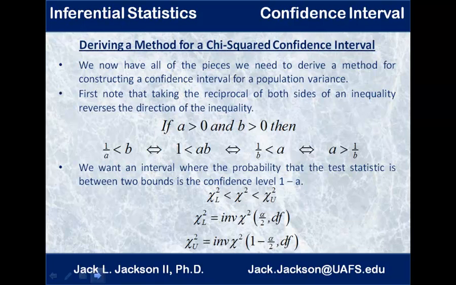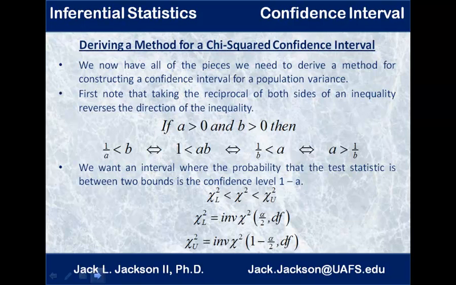Now, what we're looking for with a confidence interval, at least to begin with, is an interval where the chi-square value is somewhere between a lower and an upper limit.